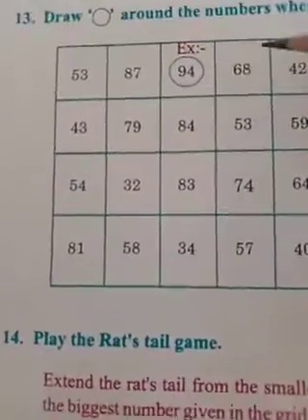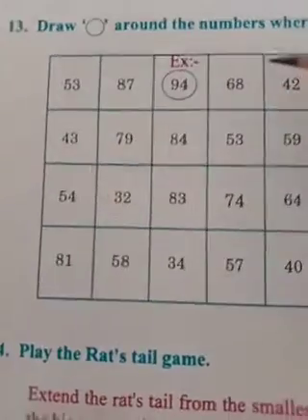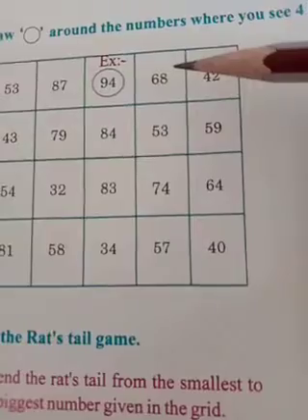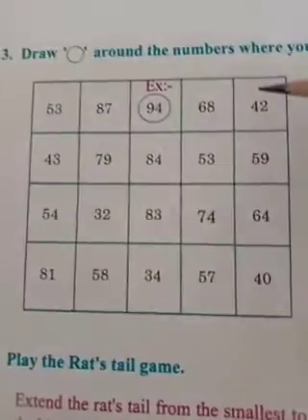So in which number is there a 4, and in which place? If 4 is in the ones place, circle it.